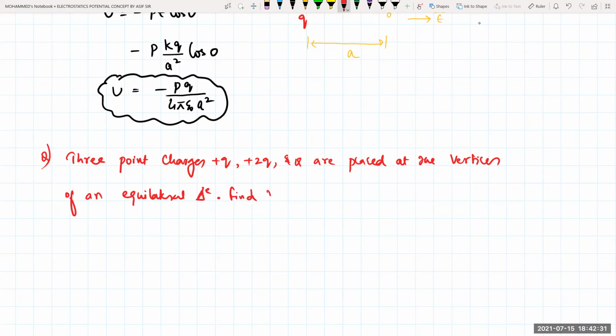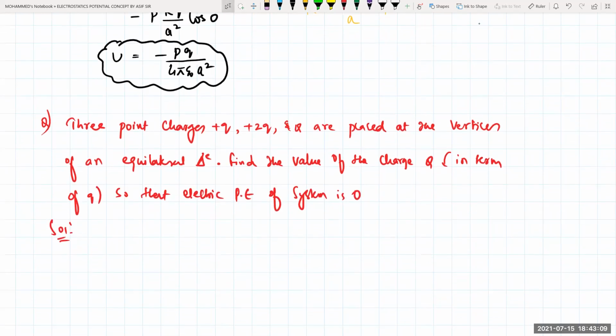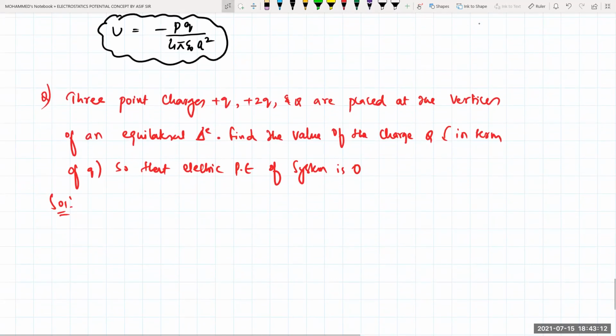Find the value of the charge capital Q in terms of small q so that the electric potential energy of the system is 0. So will you try one? This is the question I mentioned earlier.